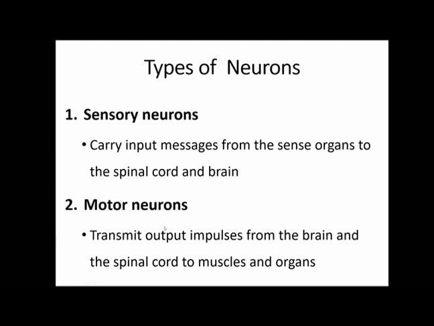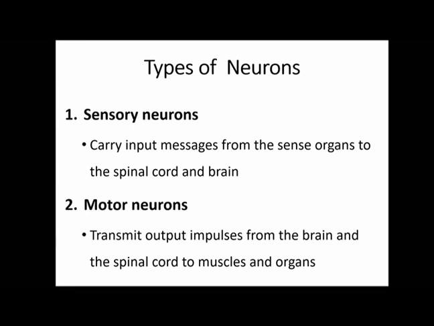To go the other way, we have motor neurons, and these are going to transmit output impulses from our brain and spinal cord out to our muscles and organs. So this is how we move our hand when we think about moving our hand.